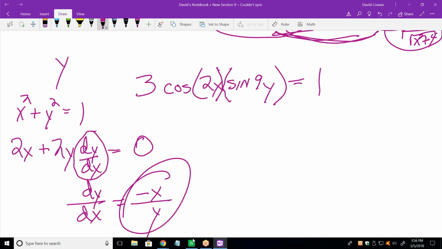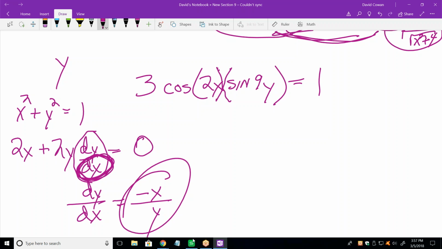And that's fine. That's a classic symptom of implicitly differentiating: you get your answer in terms of both variables. And the only rule you really need to apply is that when you come across a variable that is not x, then you have to follow that.